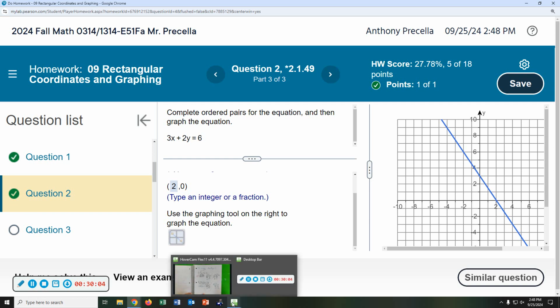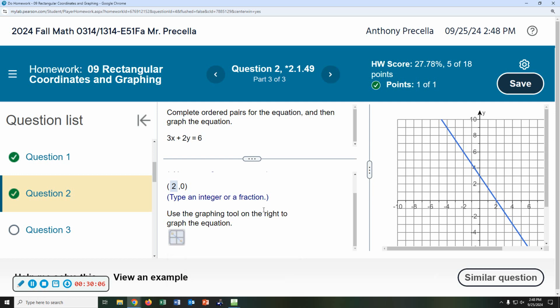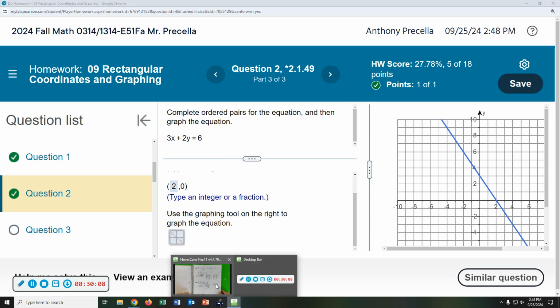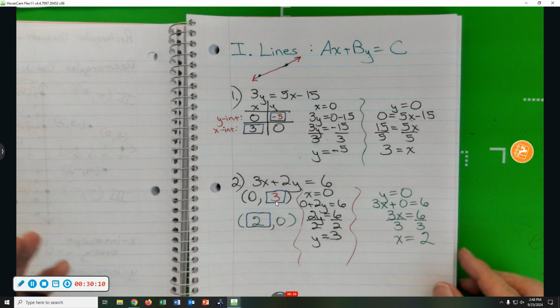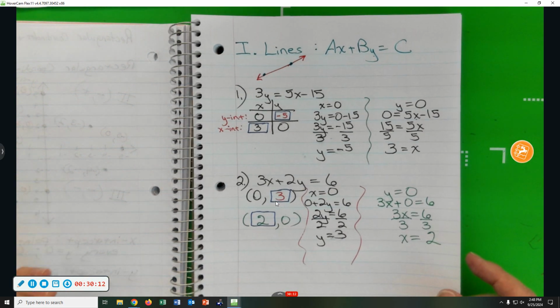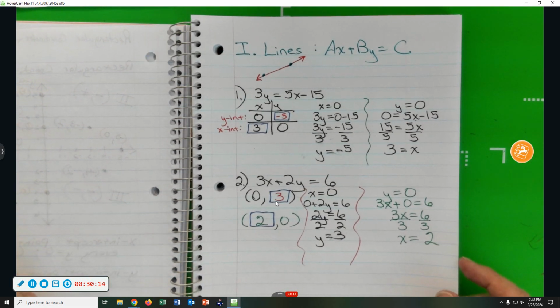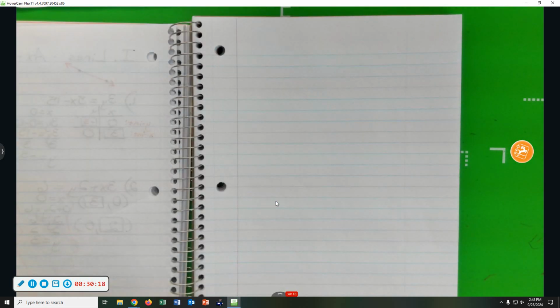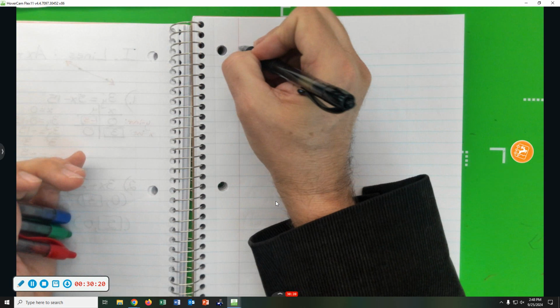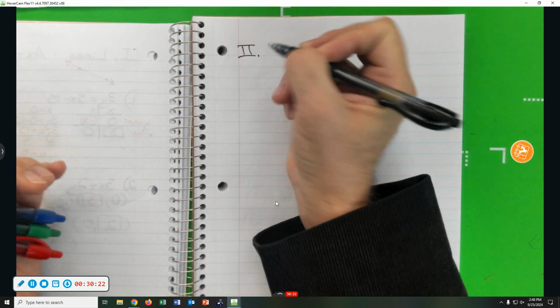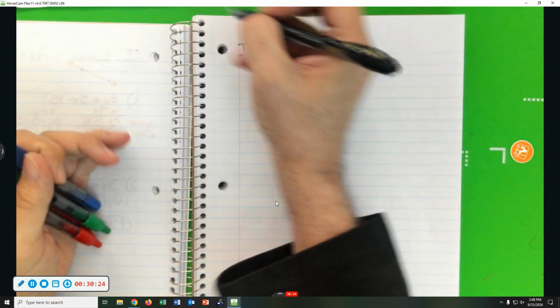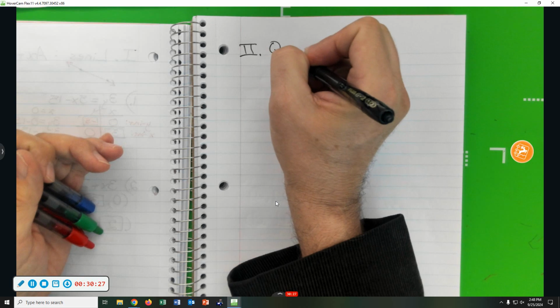But the first thing we're graphing, the most basic shape, would be lines. Any questions here? Plot 2 points and connect them using the line tool. The second shape we're going to graph will be quadratics.